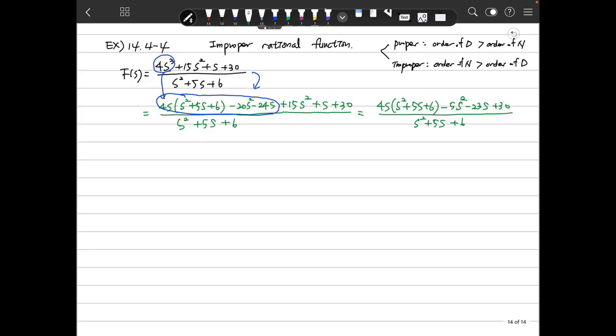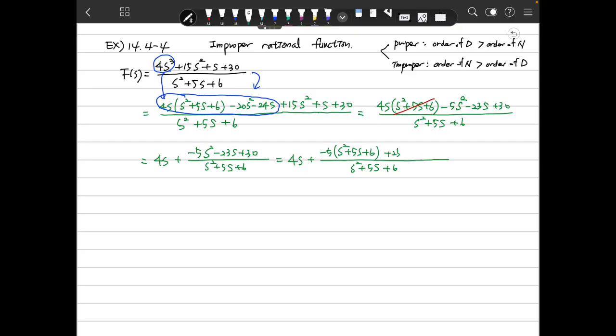Because of that, you can rewrite this as 4s plus (minus 5s squared minus 23s plus 3) over (s squared plus 5s plus 6).